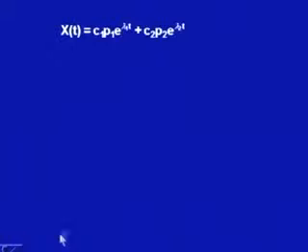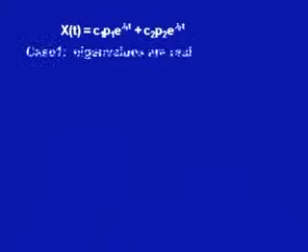Let us see that. We have the solution of the system as x(t) = C1 P1 e^(λ1 t) + C2 P2 e^(λ2 t) for a 2 dimensional system. Now, since this solution depends upon eigenvalues λ1 and λ2, the behavior of the solution depends upon the eigenvalues λ1 and λ2. So, we consider different cases.